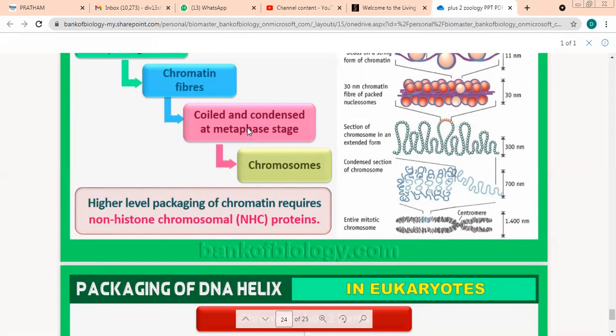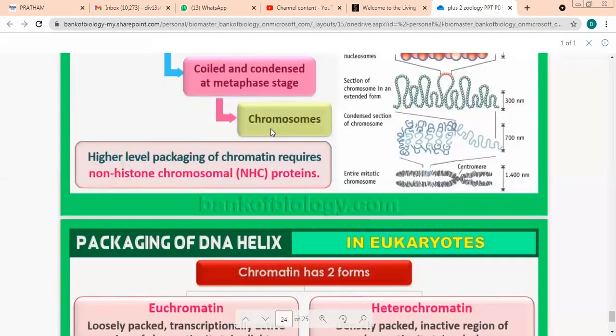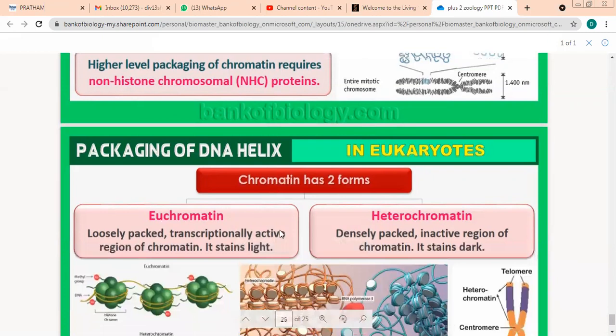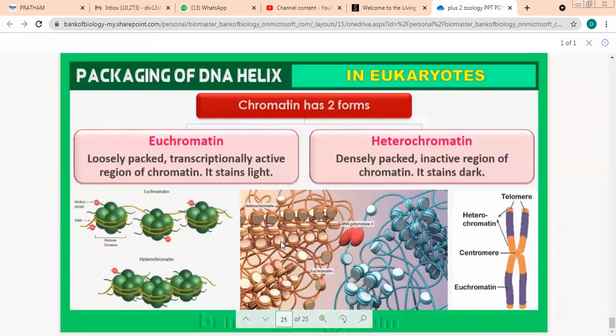They become coiled and condensed. So when these chromatin fibers become coiled, they will form what? Chromosomes, beta.